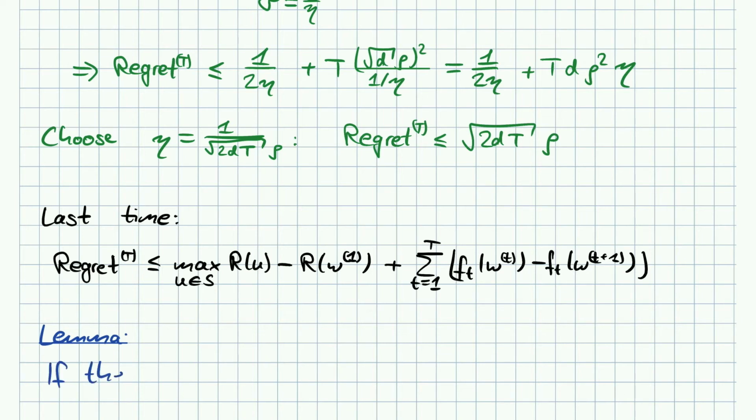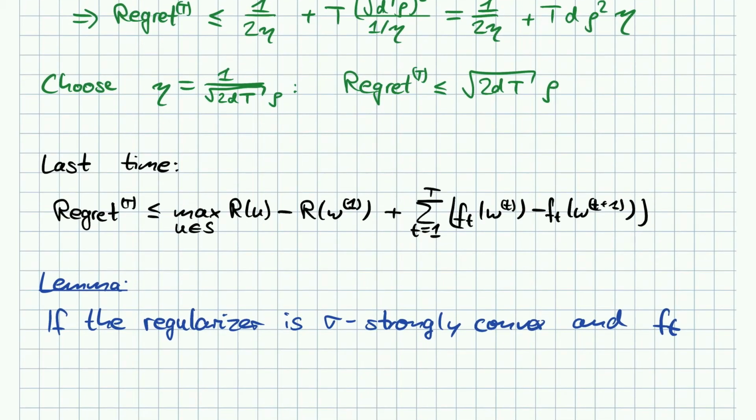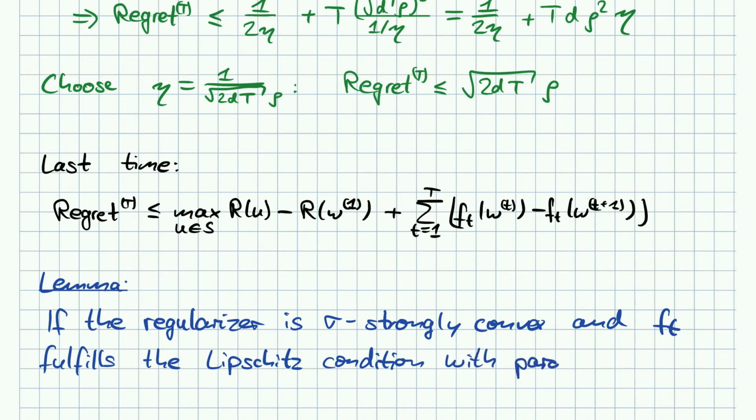We will be showing that if the regularizer is sigma strongly convex, and Ft fulfills the Lipschitz condition with parameter L, then this thing here is bounded.